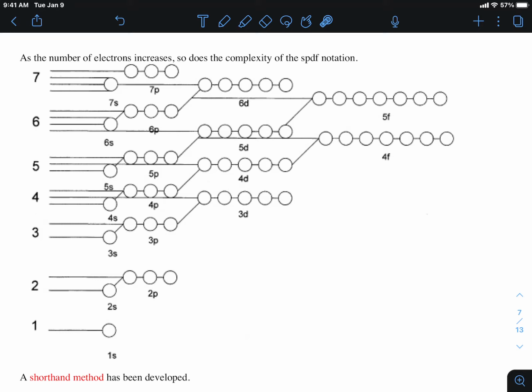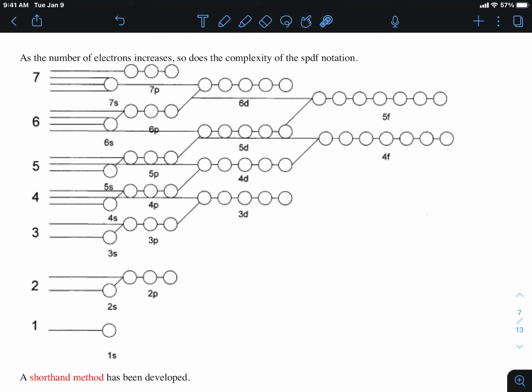The reason it's different is because it shows circles that represent the number of orbitals. So 1s, 2s. After 2s comes 2p. After 2p comes 3s, and then 3p, and then ever so slightly 4s. 4s is lower in energy than 3d.